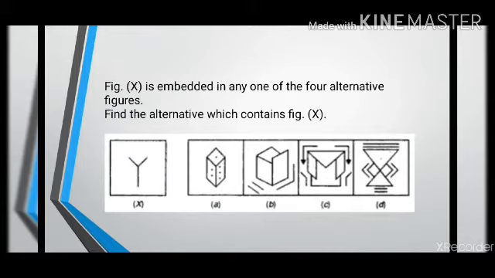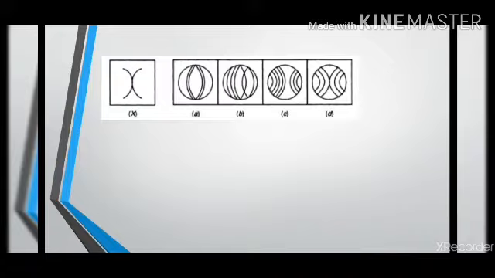As you can see, the first image is that of a Y. When you look very closely, you will see some close resembling pictures are there, but only one option has the image exactly as that of the option X. Here you can see option A has the embedded image of Y that is there in the given question. Now we'll take one more example.